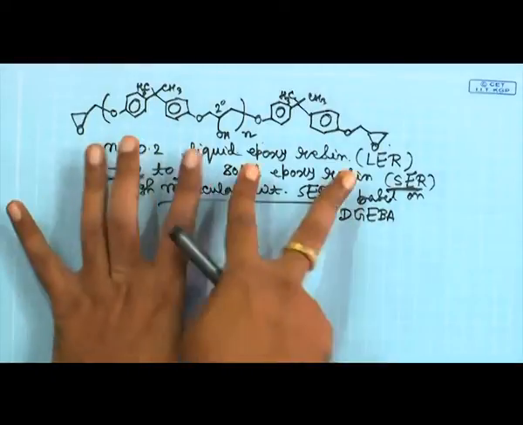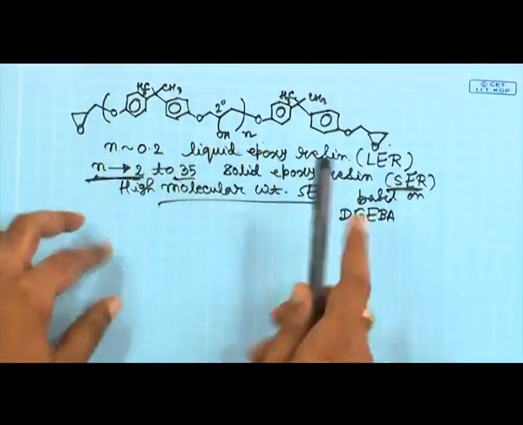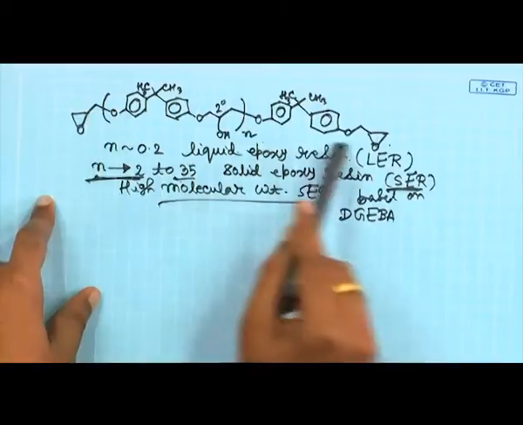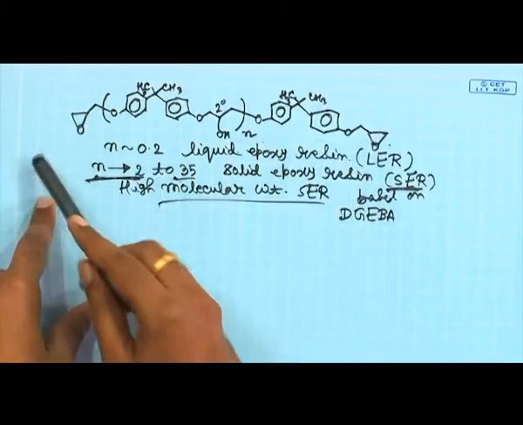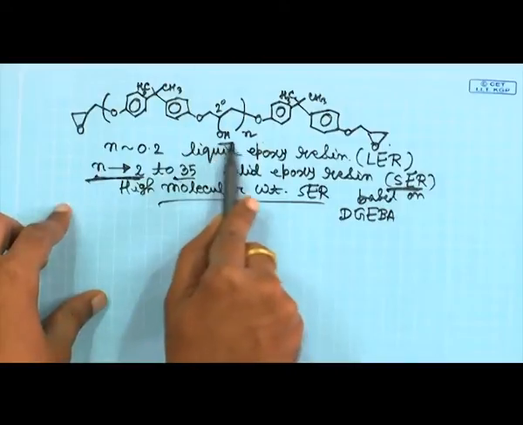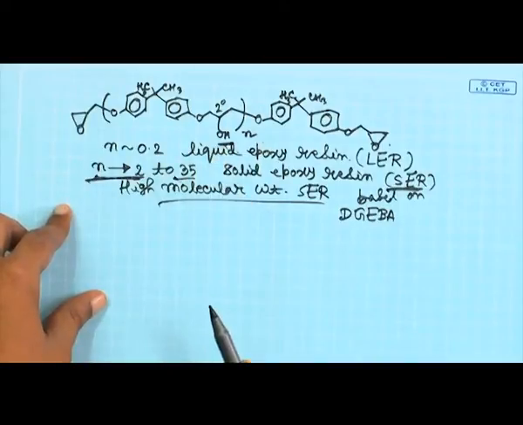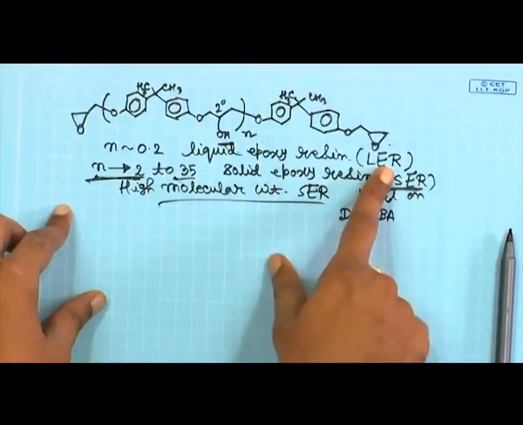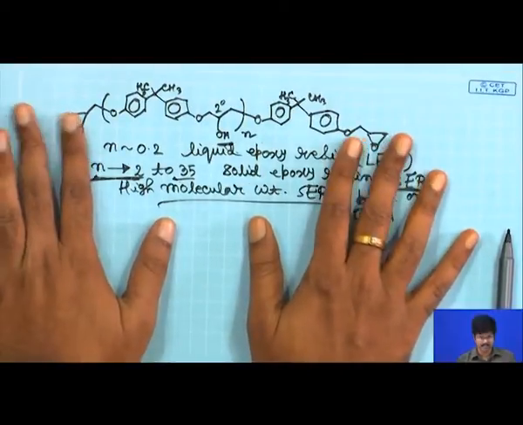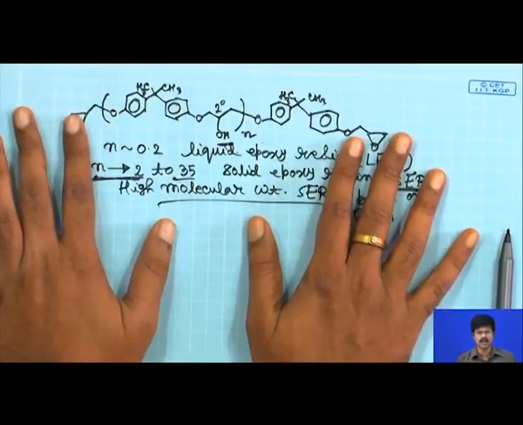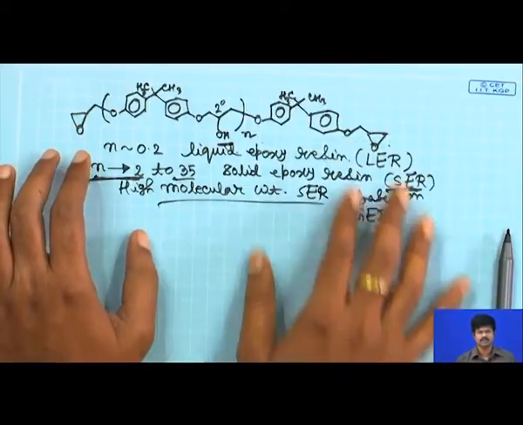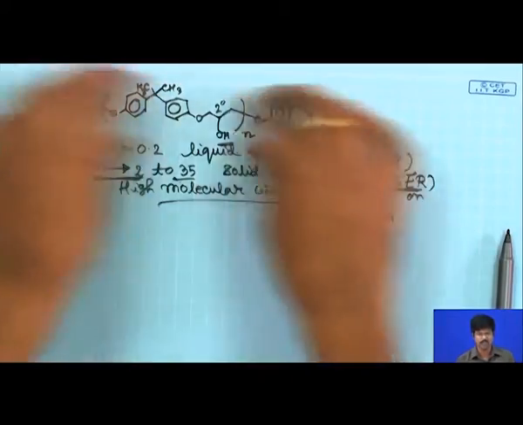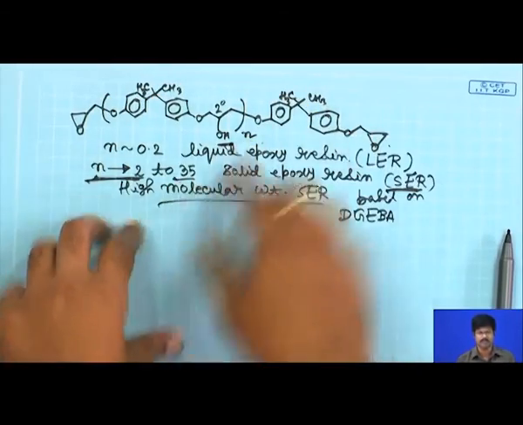So, if you look at this material, you have different cross link points. You can either cross link through the epoxy linkage, by opening up the epoxy linkage, or you can cross link through this hydroxyl unit in the repeat unit. Now, if you compare solid epoxy resin and liquid epoxy resin, the distance between the epoxy linkages is higher for solid epoxy resin, because this molecule is longer, with N having a value from 2 to 35.